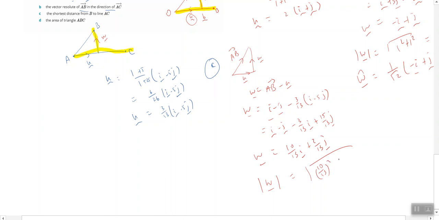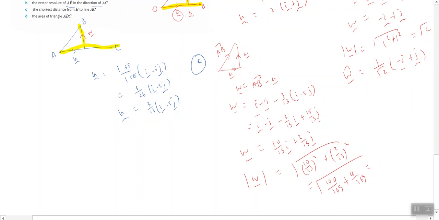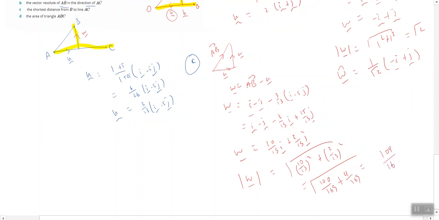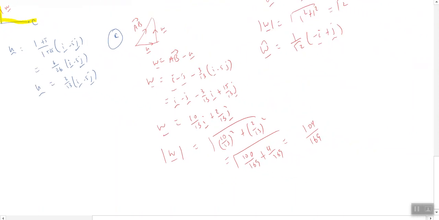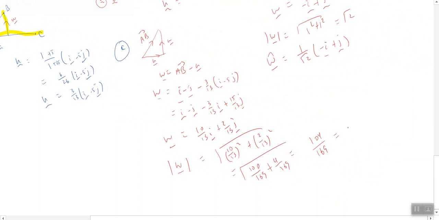10 on 13 squared plus 2 on 13 squared. That's 100 on 169 plus 4 on 169, that's 104 on 169. Can we simplify that? Yes, taking the square root, that's 13 at the bottom.